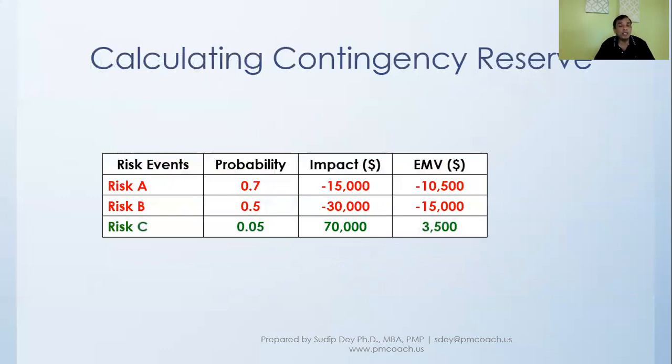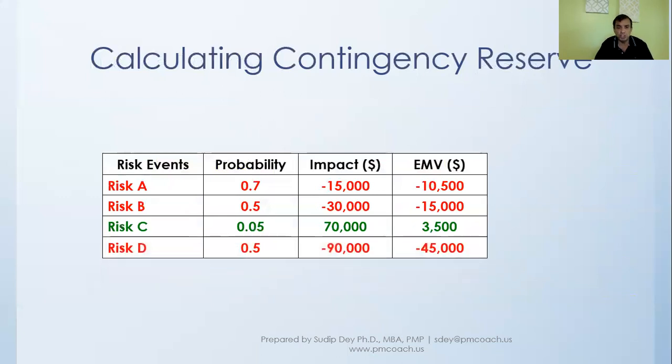This risk C is a positive risk we are talking about here. The probability is 0.05, which is really 5%, and the impact is pretty high, $70,000. And so we are putting the expected monetary value as 3,500, which is again the same calculation, but positive here.